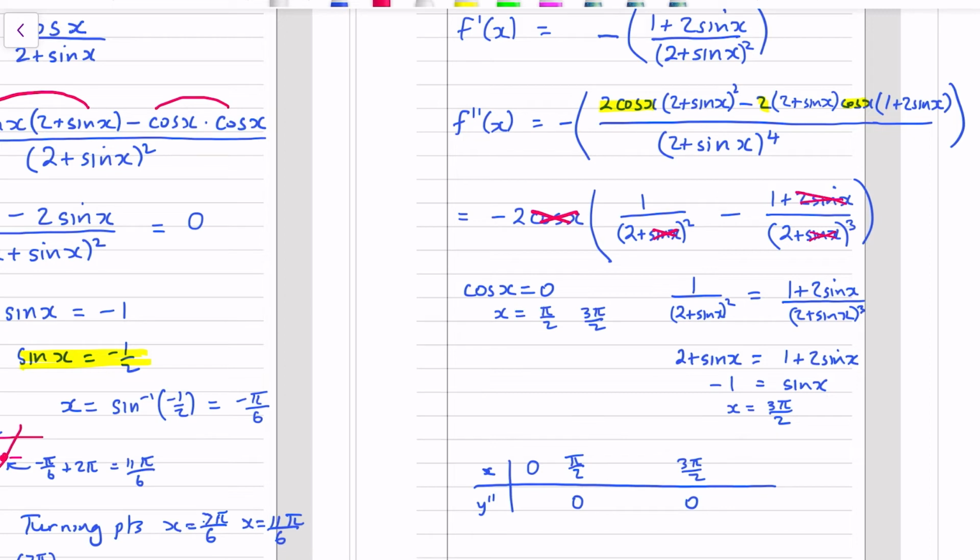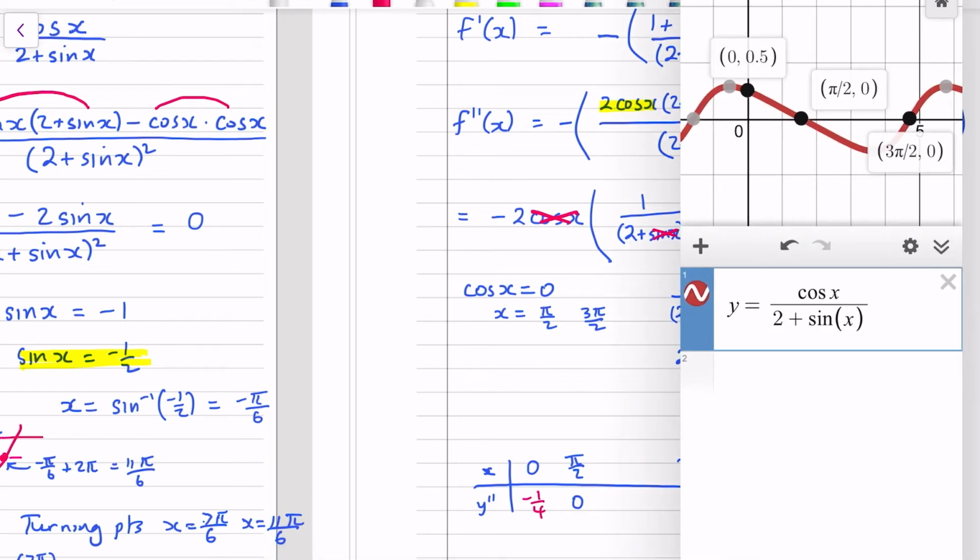And we end up getting minus 2 times, let's just get the calculator out, minus 2 times a quarter minus an eighth gives us minus a quarter. So that's concave down. If we go back to the graph, it is concave down at 0, it's curving downwards.